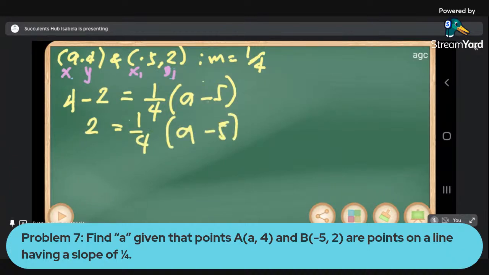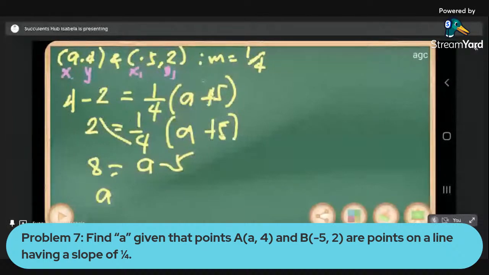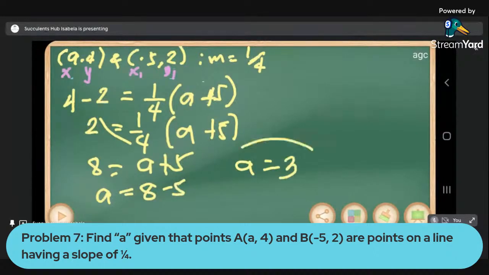We cross multiply, this will be 8 is equal to a minus 5. So therefore a plus 5, plus 5. So a is equal to 8 minus 5. So therefore a is equal to 3.